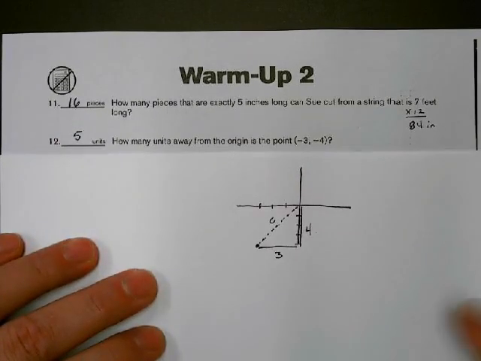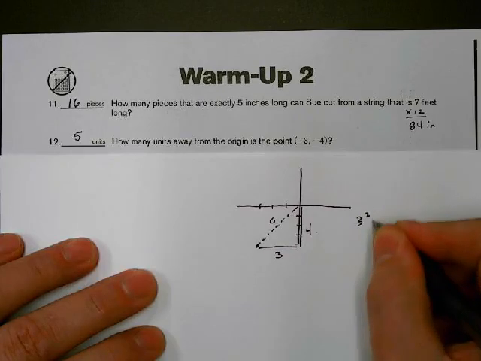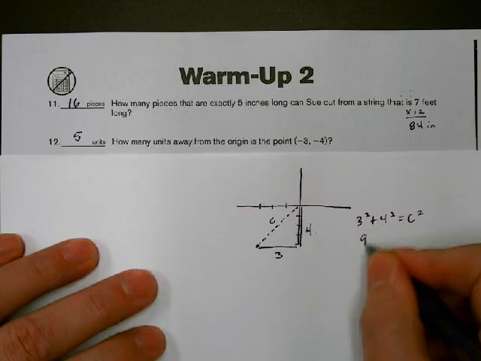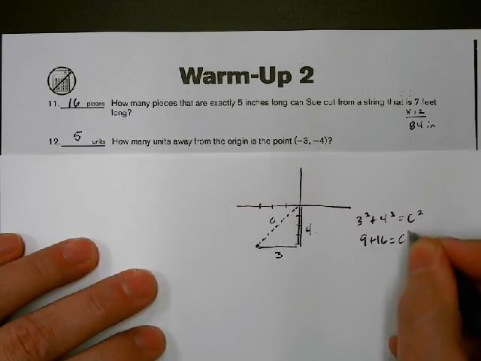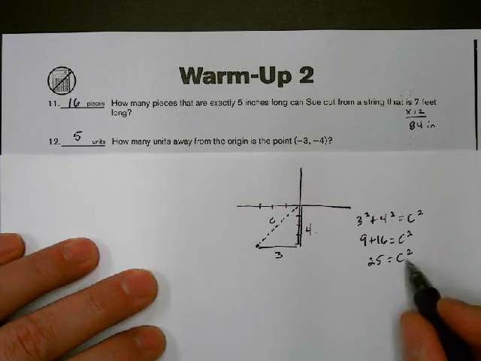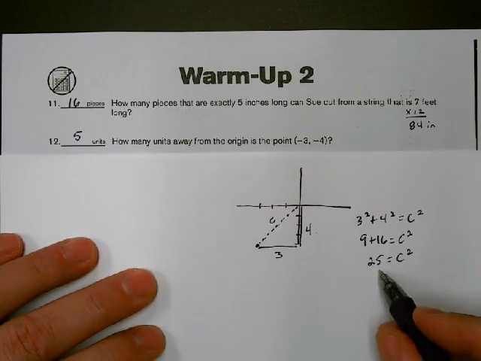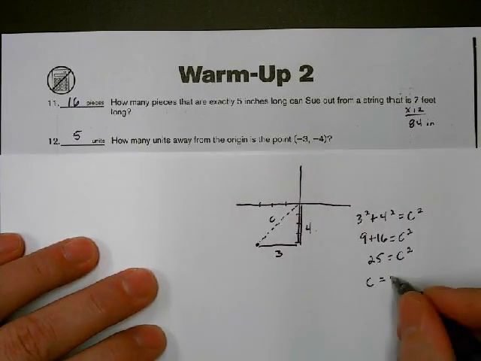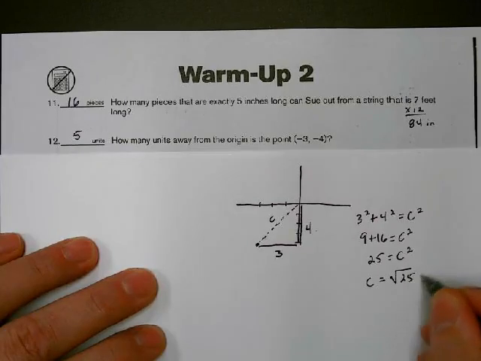If you don't know your triples, you would do 3 squared plus 4 squared is equal to c squared. 9 plus 16 equals c squared. 9 plus 16 is 25. And then you would take the square root to undo the squaring. So c, or the distance from that point to the origin, is the square root of 25, which is 5.